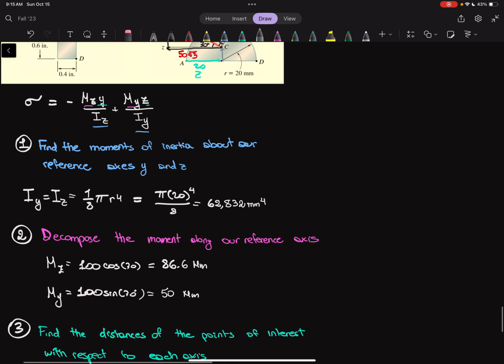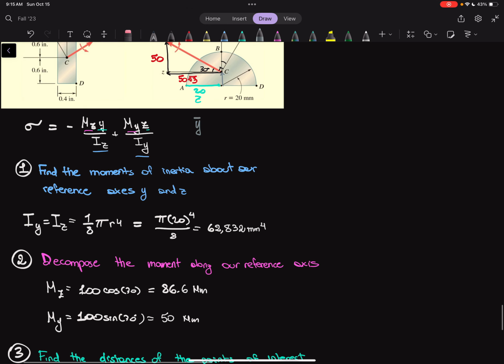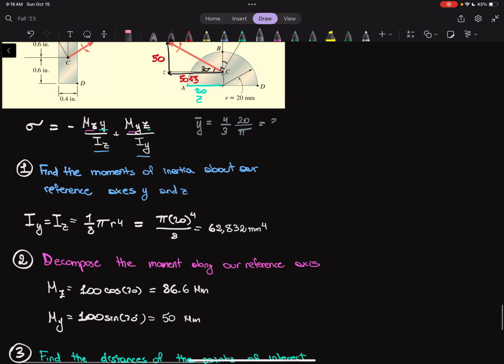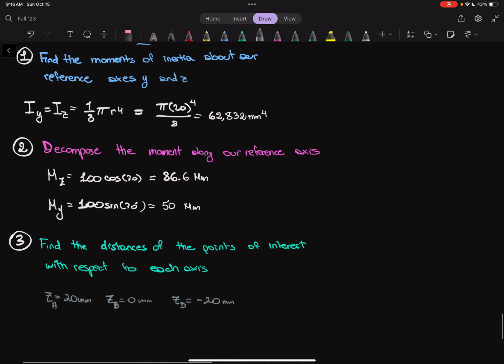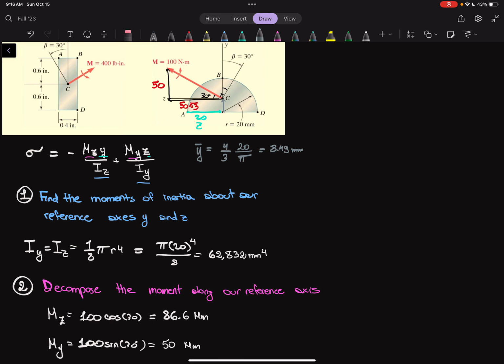So let's do that real quick. 4/3 R over pi. So 4 times 20 divided by 3 times pi. That's going to be 8.49 millimeters.